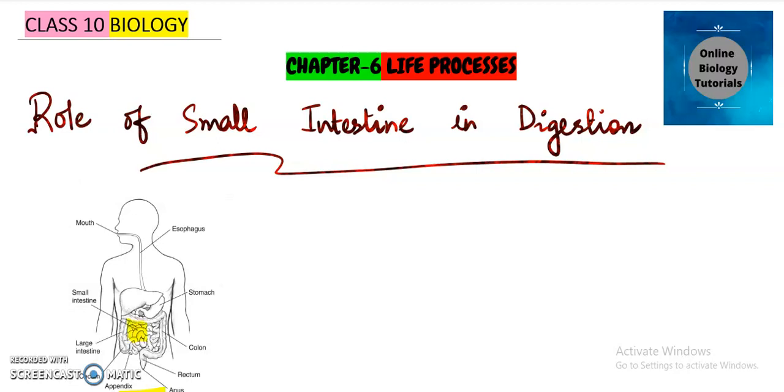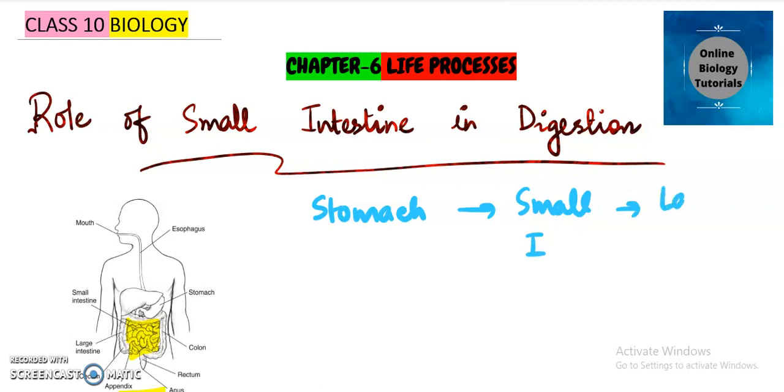Now in this figure, the part which I am coloring yellow right now is the small intestine. The small intestine comes right after the stomach. The stomach leads to the small intestine, and after this comes the large intestine.